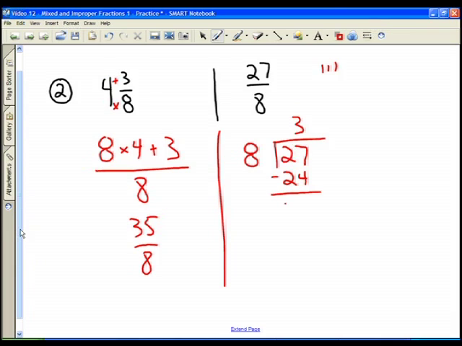And we subtract, and we get a remainder of 3. So 27 eighths is the same as 3, with a remainder of 3, and our original denominator was 8. So 27 eighths is the same as 3 3/8.